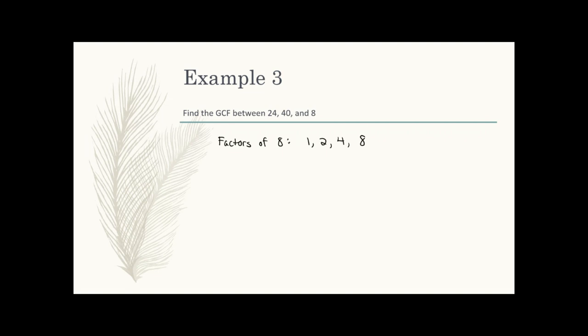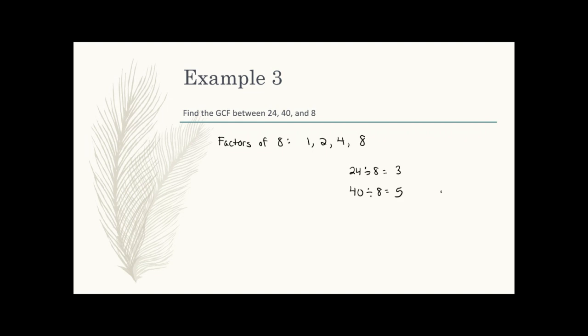And then I start with the biggest one, and I ask, does that divide into the other 2? So 24, can I divide that by 8? Yes. 24 divided by 8 is 3. And then 40, can I divide that by 8? Why, yes, that comes out to 5.